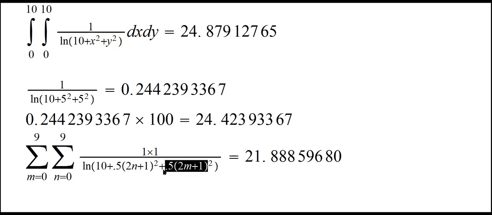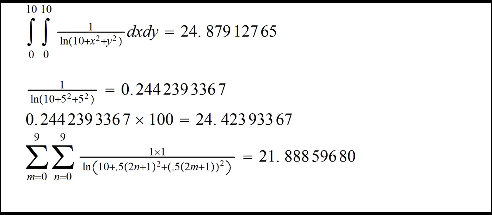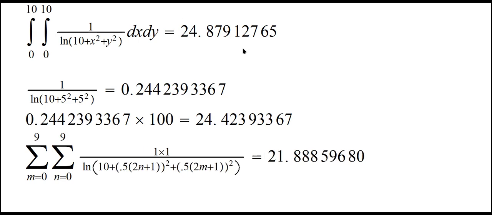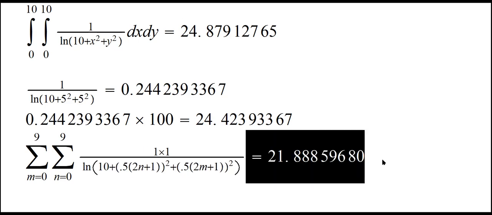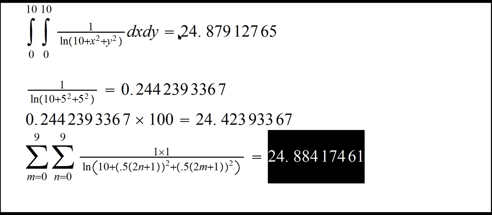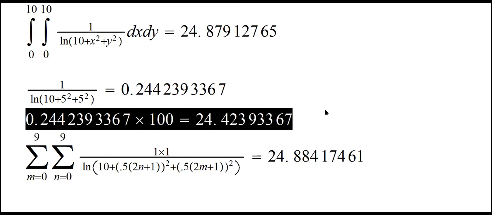I have to square the whole thing. Okay, so let me do that. Sorry about that. Okay, so here we go. And then let's approximate it now. So we got a little better approximation, right? And we can continue it in the same way.